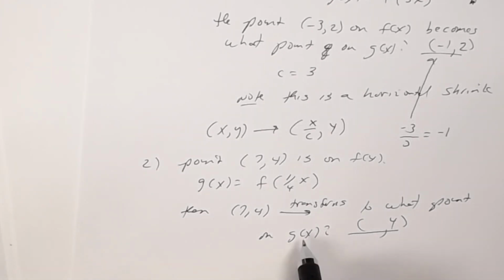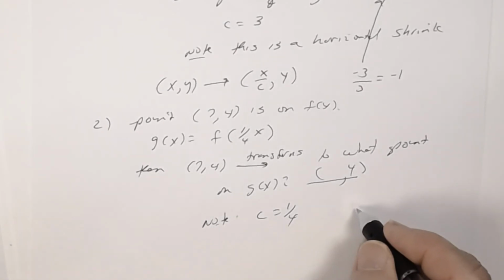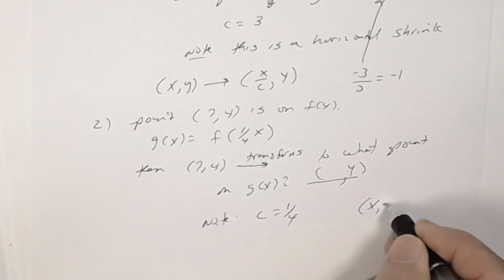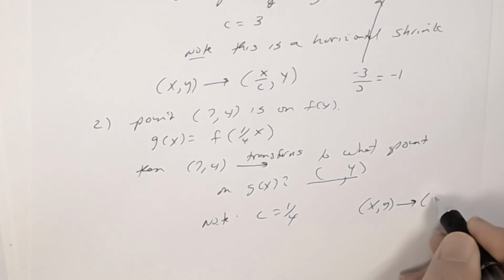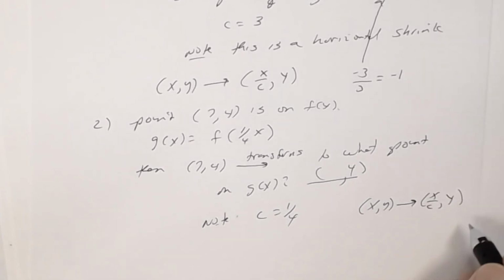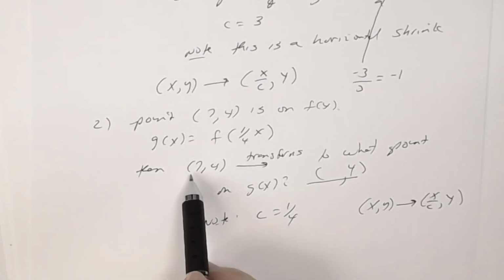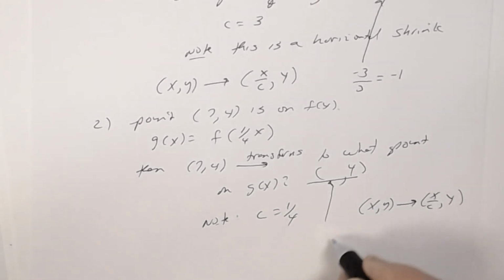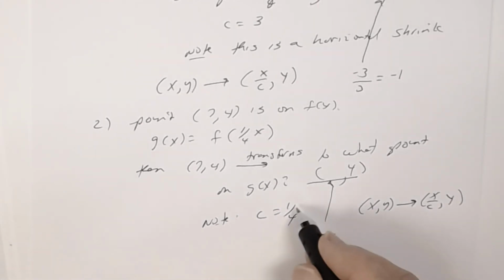And so remember, what's c in this case? Note, c is 1/4, right? And so our rule is, when we're dealing with horizontal stretch or shrink, (x, y) transforms to (x divided by c, y). So I take the x coordinate, which is 7, and I divide by 1/4.